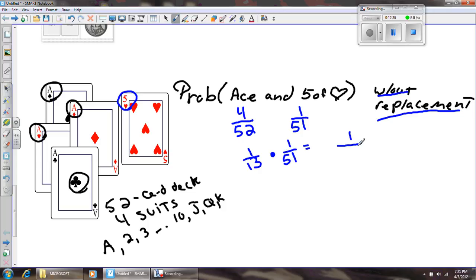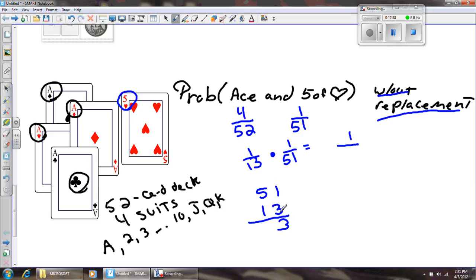Now I'm going to do a little side work here. 51 times 13. I'm going to multiply a little differently than some of you. You use a lattice. Some of you do standard. I actually do a different way. 3 times 1 is 3. I just forgot what I was going to do. I guess I'm going to do it standard.